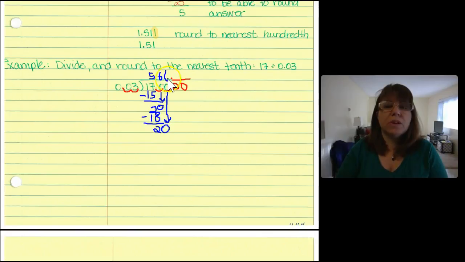3 goes into 20, lo and behold, 6 times again. 3 times 6 is 18. 20 minus 18 is 2. Bring down the 0.